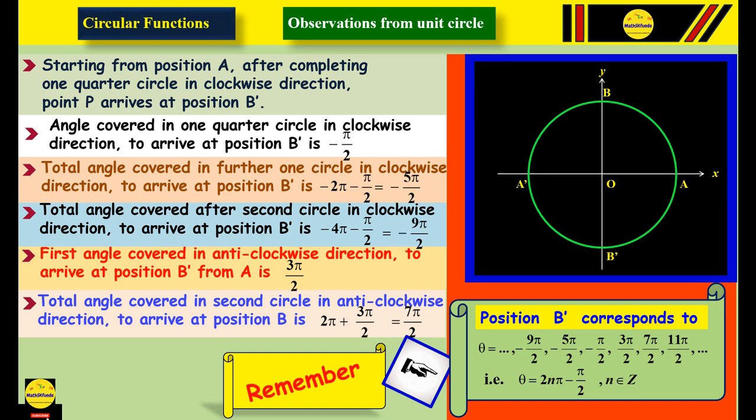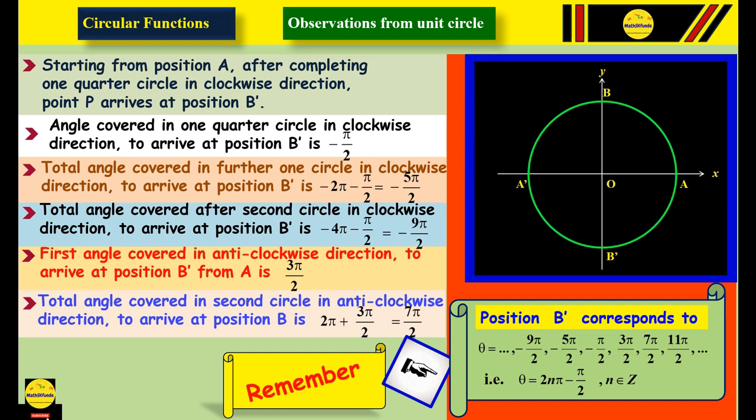Why do I do that? For you to understand that there is some pattern. See the differences between minus 9 pi by 2 and minus 5 pi by 2, also between minus 5 pi by 2 and minus pi by 2, and 3 pi by 2, and so on. That would make you understand why I have added 11 pi by 2 to the list. If you want, you can write further angles also, or angles previous to minus 9 pi by 2.